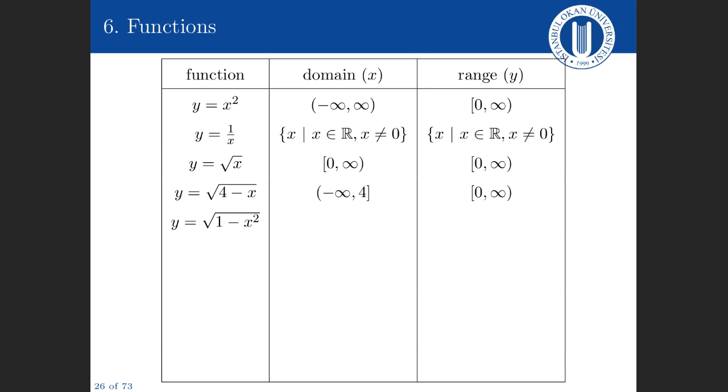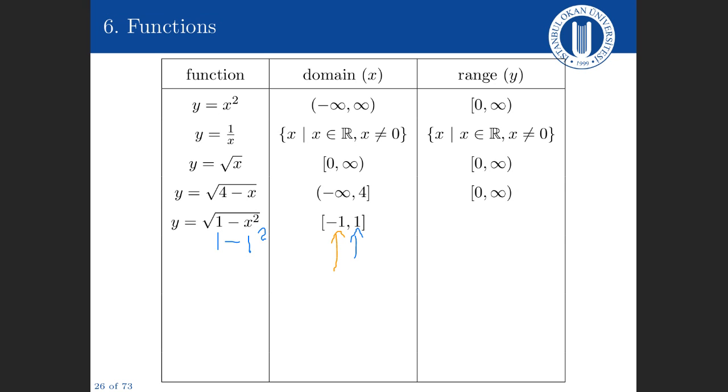y equal to the square root of 1 minus x squared. I'm choosing the closed interval from -1 to 1 for my domain. And then I'm asking what possible values are y. I suppose, first of all, we take 1. 1 minus 1 squared, which is 0.